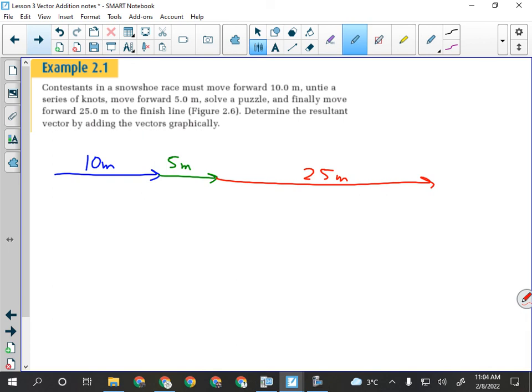They're good enough, and that's generally what you need for a vector diagram. Again, you don't have to measure everything out. So my total displacement here is going to be 40 meters forward. You will never get one that easy, because that's ridiculous.